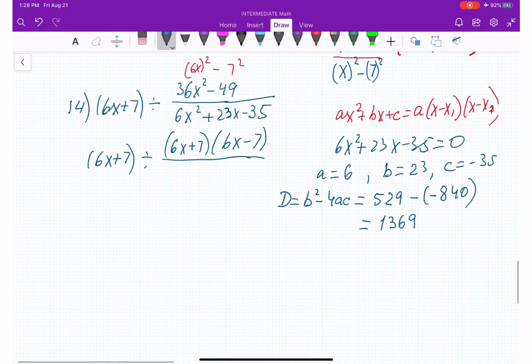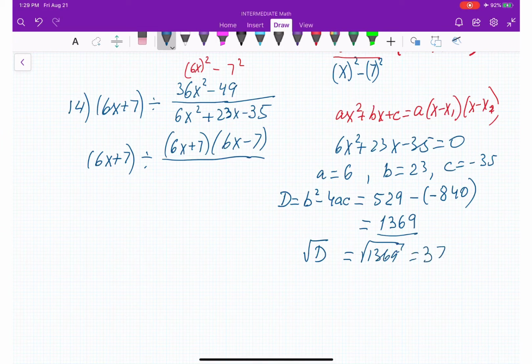Okay. So we need to take the square root, right? Square root of D is equal to 37. Okay, let me write down. It's going to be square root of 1369, and that is equal to 37.